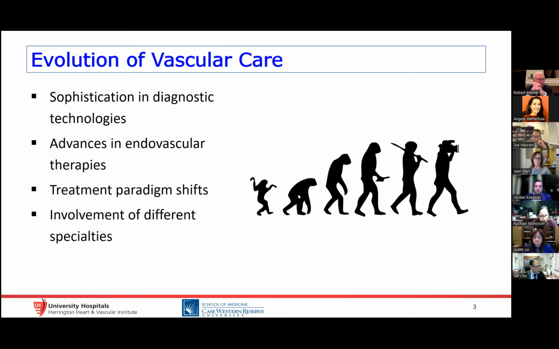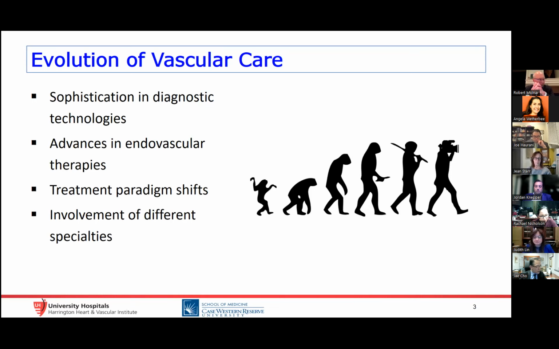The vascular surgeons acquired endovascular skill sets. Cardiologists are using their knowledge about atherosclerotic disease processes and their catheter skills to manage non-cardiac arterial diseases. Neurologists and neurosurgeons have learned endovascular technologies.